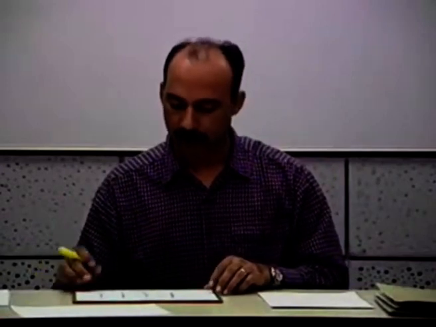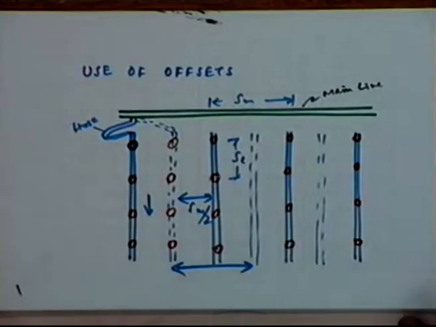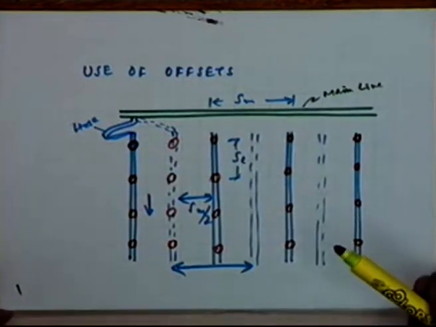In the last lecture we were discussing the use of offsets, and we saw how we can effectively use the offset to take care of many situations in which you can get much better efficiencies, which is only a method of application and changing your layout.